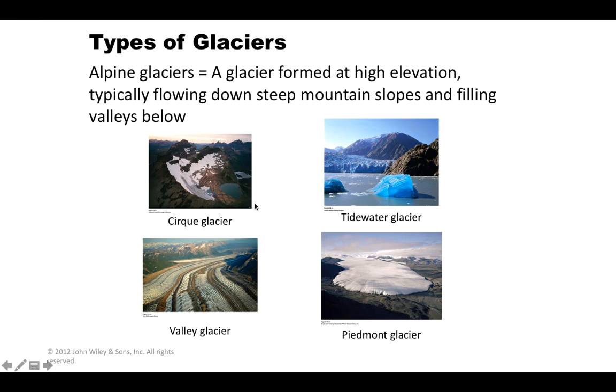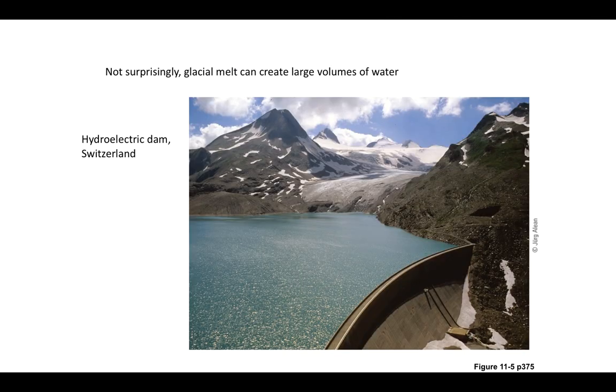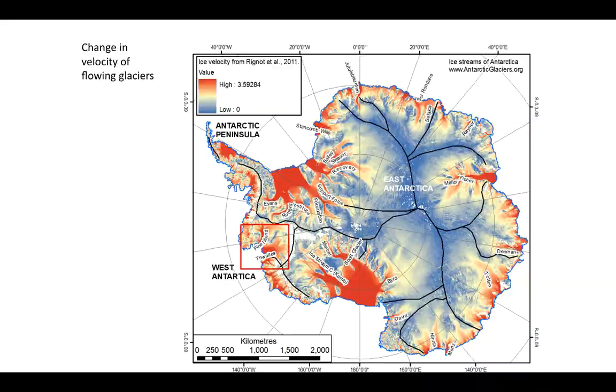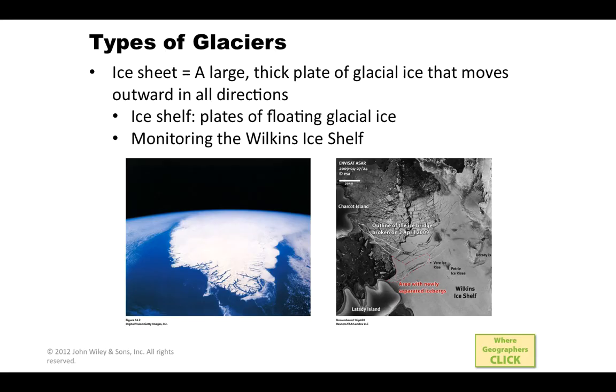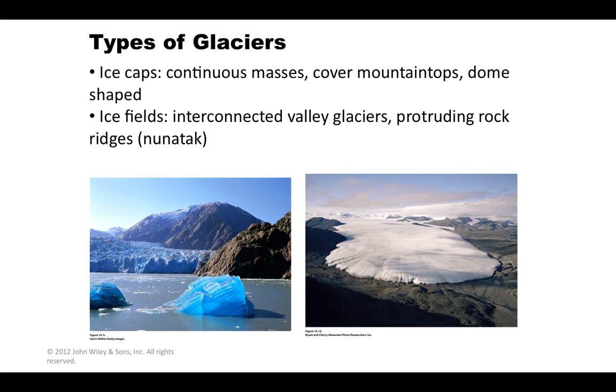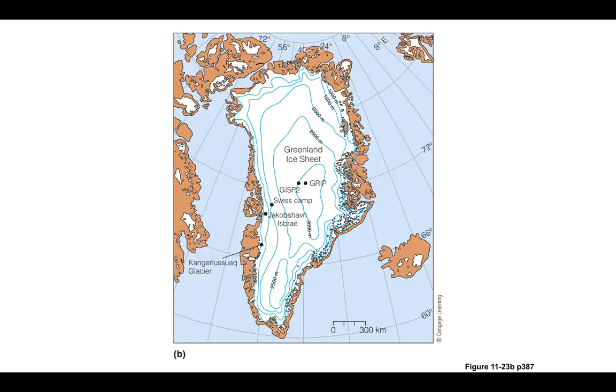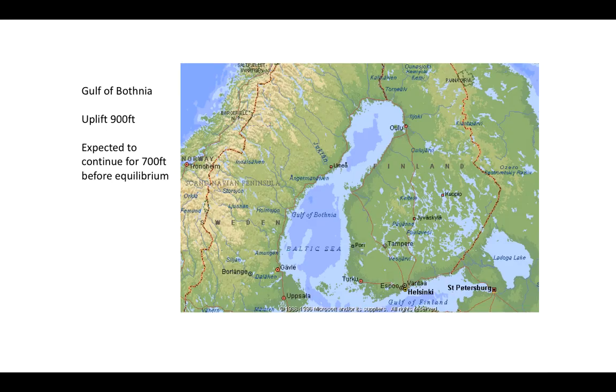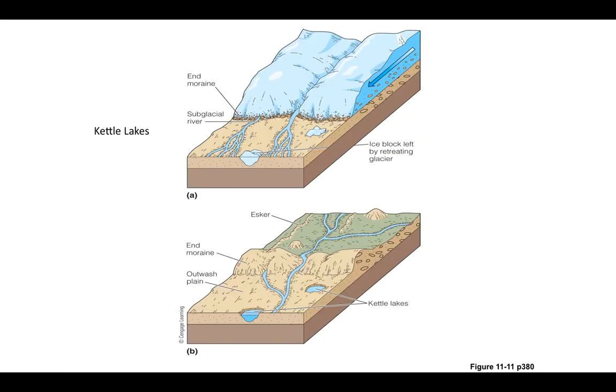So what types of glaciers do we have? Well, we have alpine glaciers. Remember we talked about back up here our ice shelf or ice sheet. We talked about our ice cap, our ice field. So let's look at some alpine glaciers. That's high elevation glaciers.